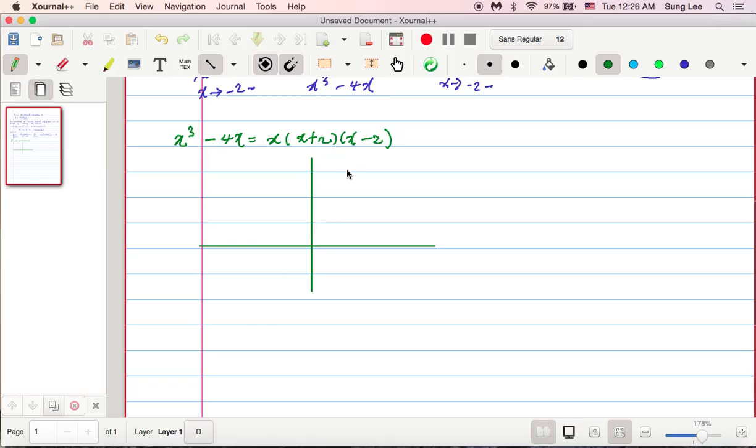I'm going to plot those three points here: x equals negative 2, 0, and also 2. And the leading coefficient is 1, which is positive.